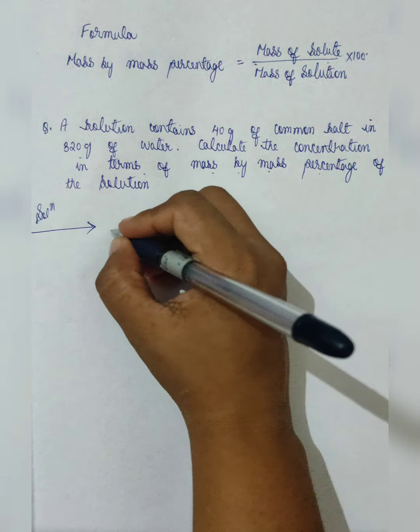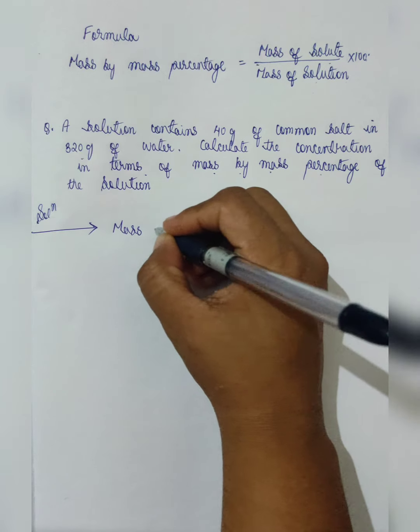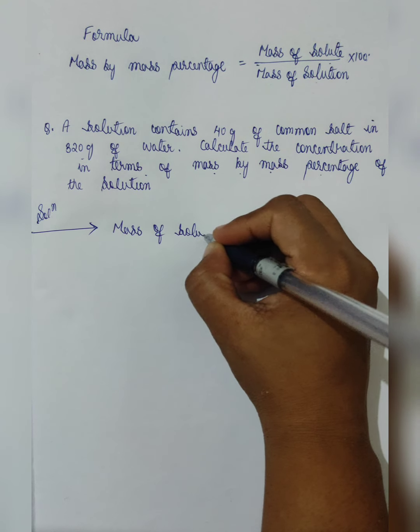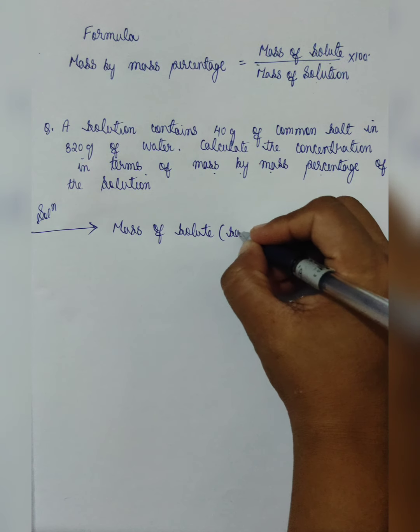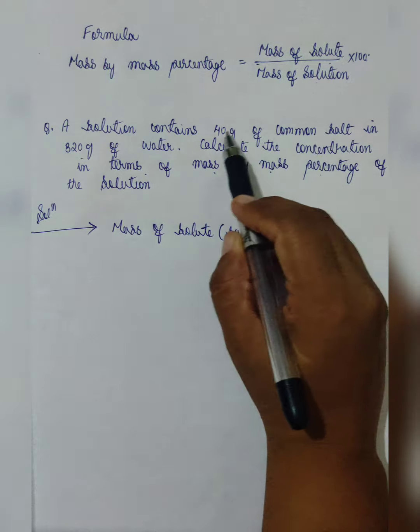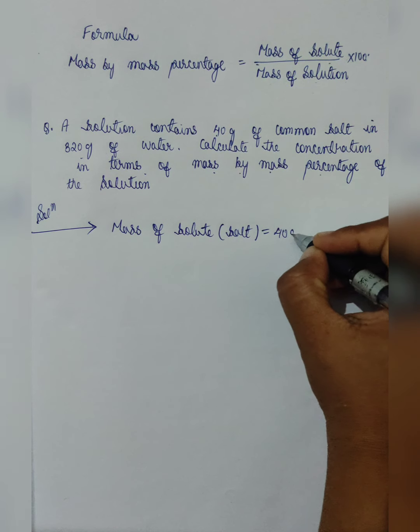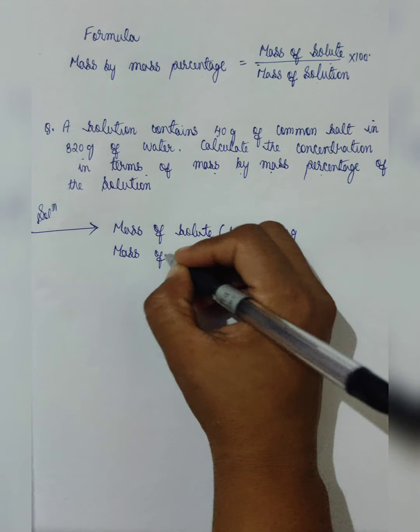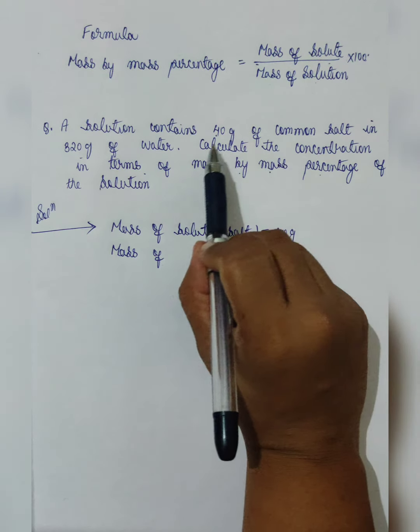So here let us write down mass of solute. We now know that our solute is going to be our salt. So here it is given the mass of our common salt is 40 gram. And what is the mass of solvent? As of now, the mass of solution is not known.